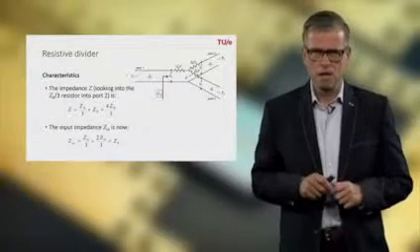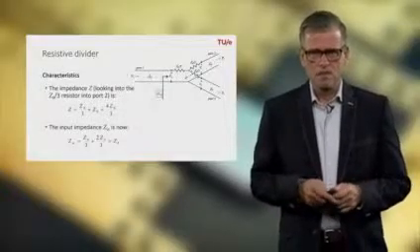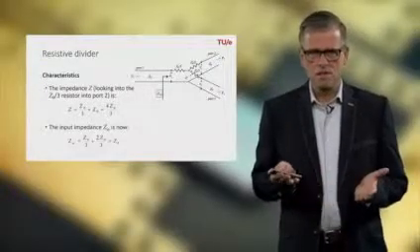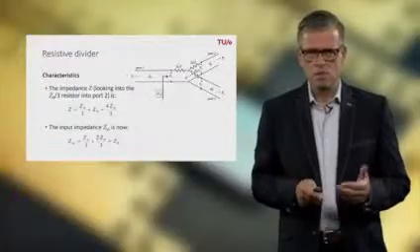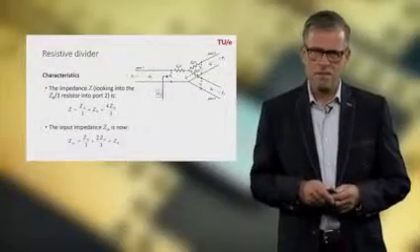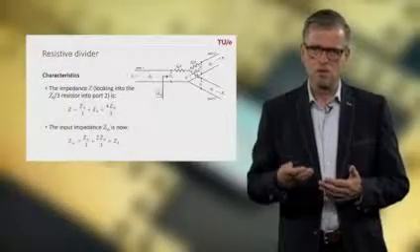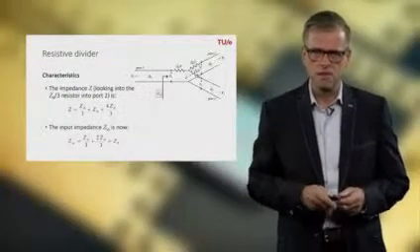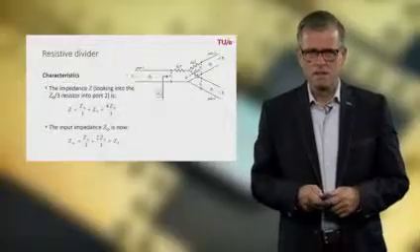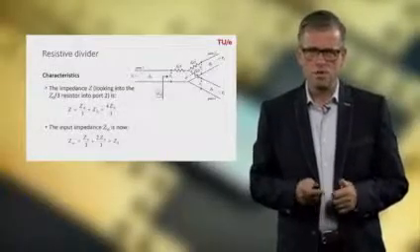So if we put that in parallel, we divide the value by 2, and at the end of the day, we see that the input impedance looking from port 1 into the circuit is equal to Z0, so it's matched. And because of the symmetry, the same holds for the input impedance looking from port 2 or port 3 into this network. So that means that this resistive divider is matched at all ports, so that's good.